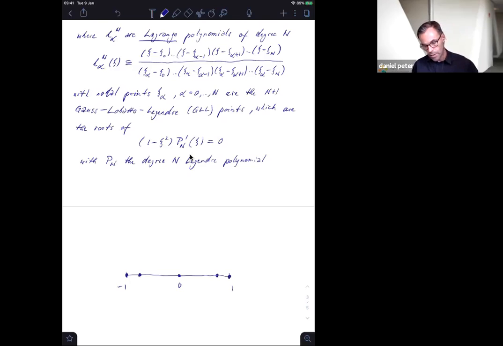The position here for a degree 4 polynomial will be the square root of 3/7, and here just symmetric, minus the square root of 3/7. That will be the actual nodal position of the GLL points.